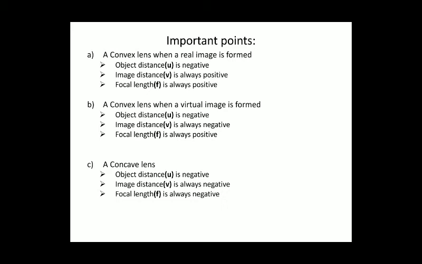So V is negative, and for all other points U is negative, F is positive. Concave lens, you all know that U is always negative. Concave lens always gives us a virtual image, so negative, and focal length is negative because the curvature is toward the left.